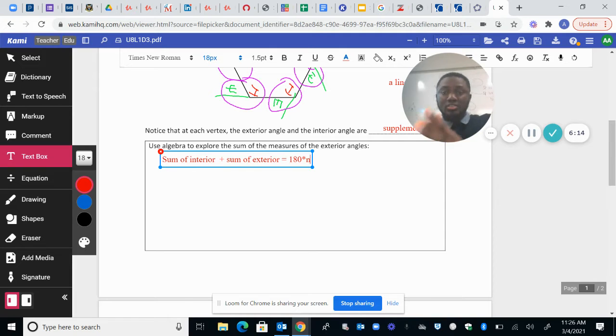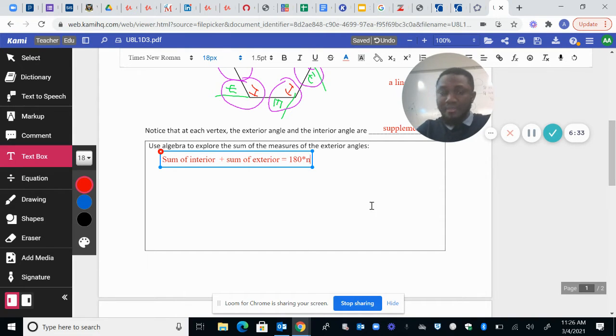Because an interior and exterior linear pair makes 180, and since it's a polygon, the number of sides determines the number of pairs. That's why we multiply by n.